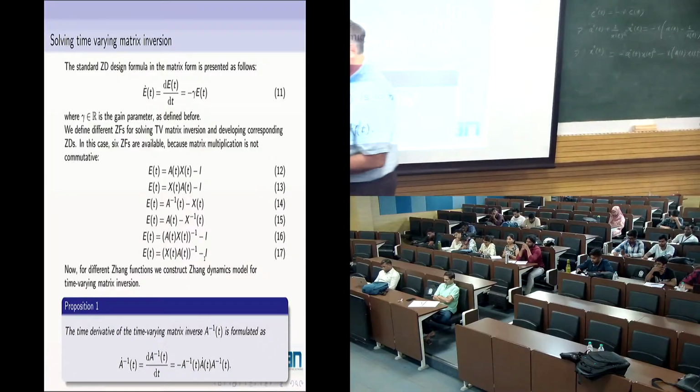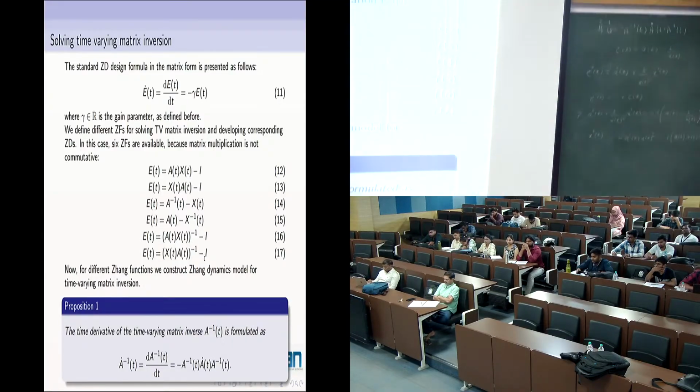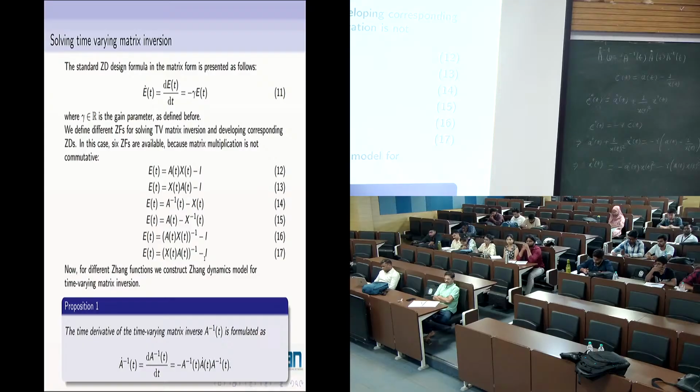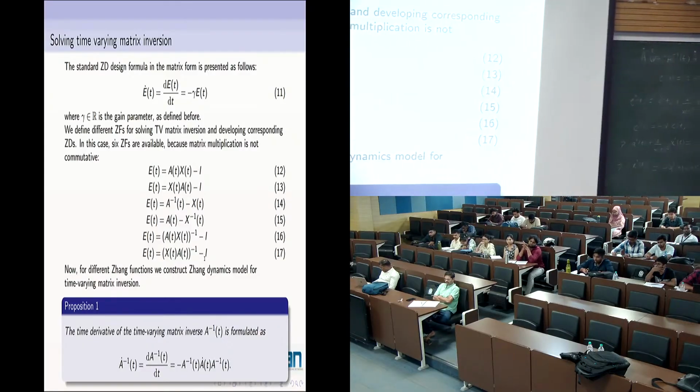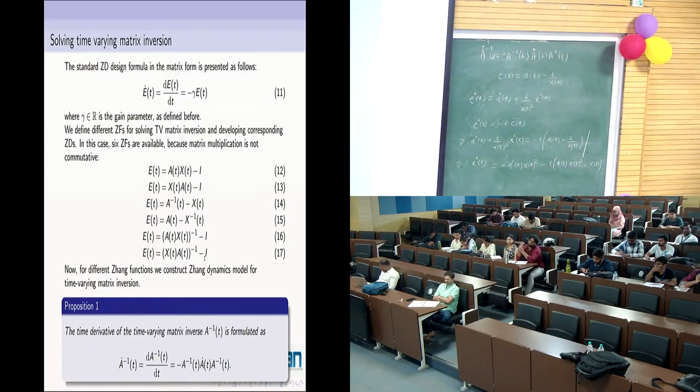Then you can see that usage of the matrix inverse really makes difficulties in the ZNN model, and this ZNN model will be more complex.